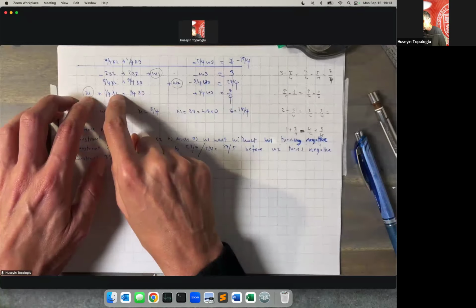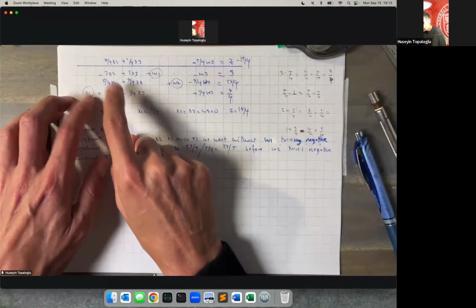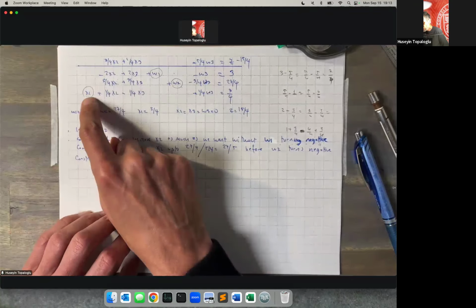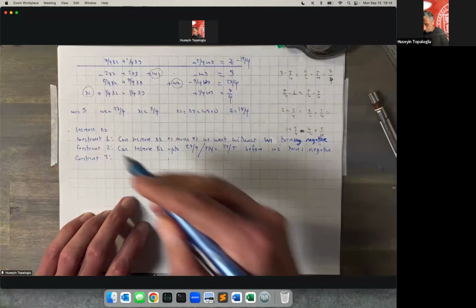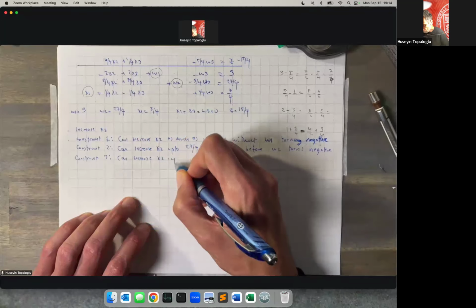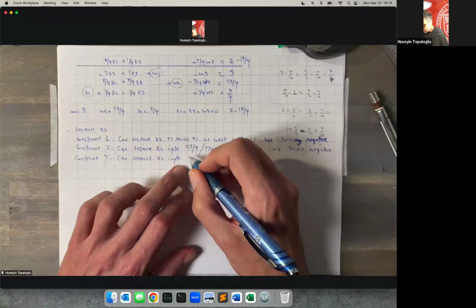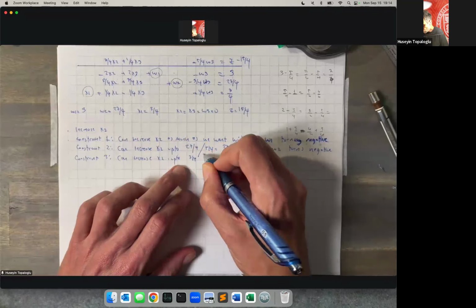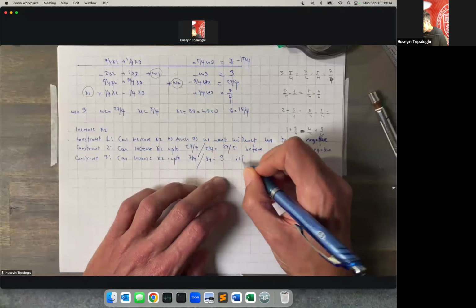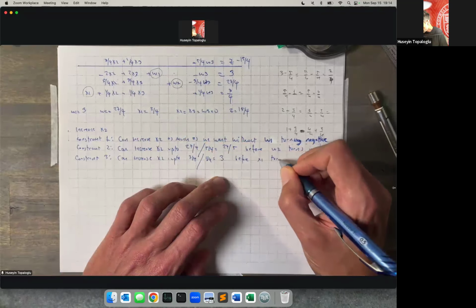And if I increase X2 above 3, then X1 has to turn negative. So let's say I can increase X2 all the way up to 3/4 divided by 1/4. That's a 3 before X1 turns negative.